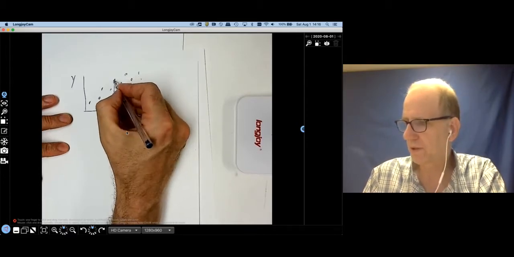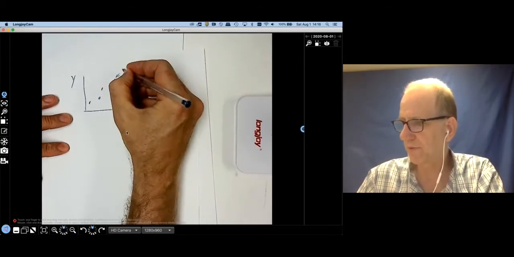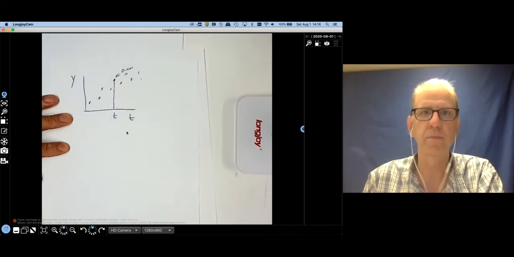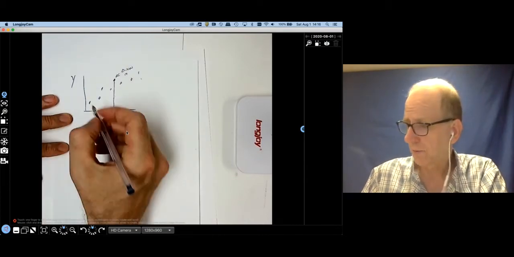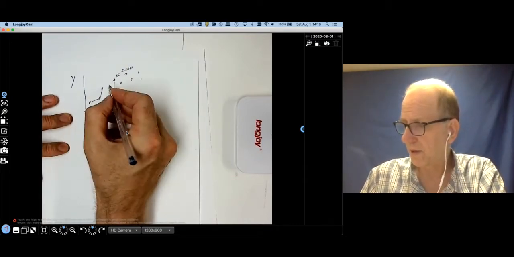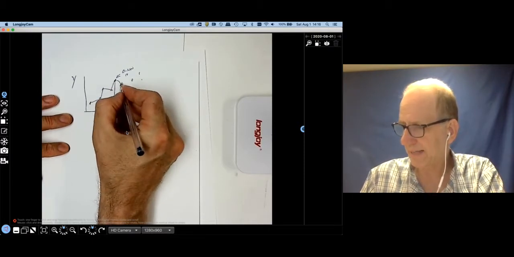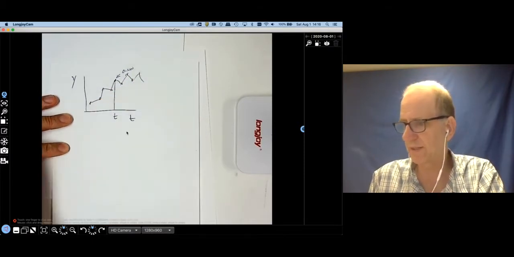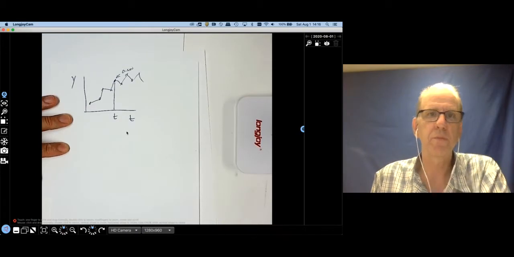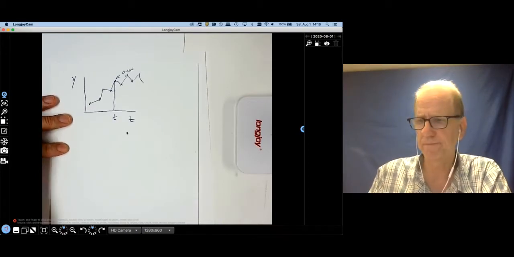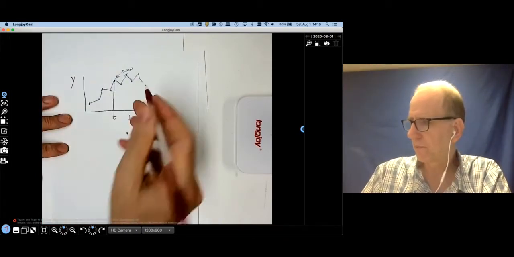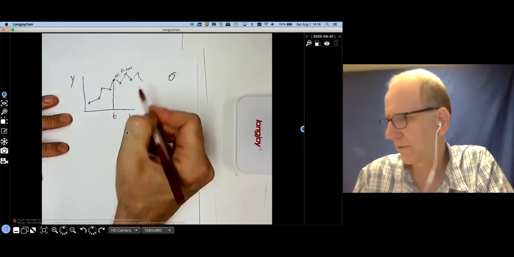Well, this would be the estimate for the 0 nearest neighbor smoother. So if I connect my dots, I get the estimate for the 0 nearest neighbor smoother.